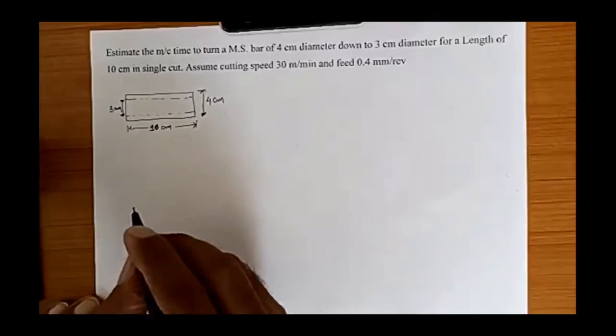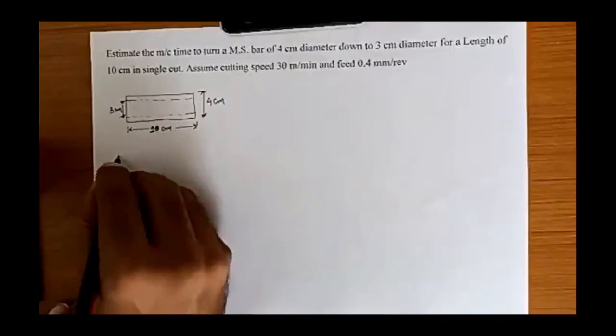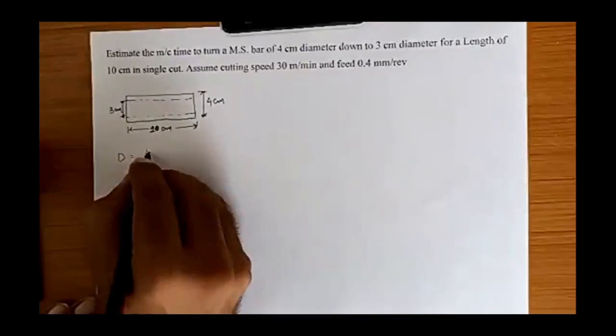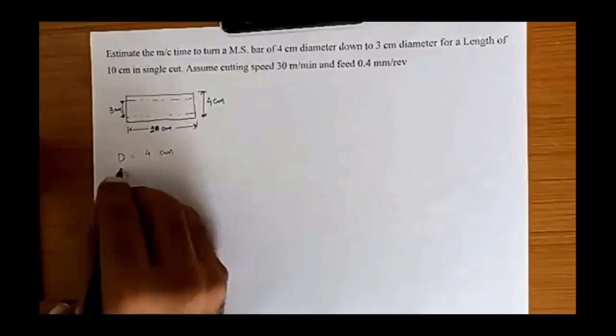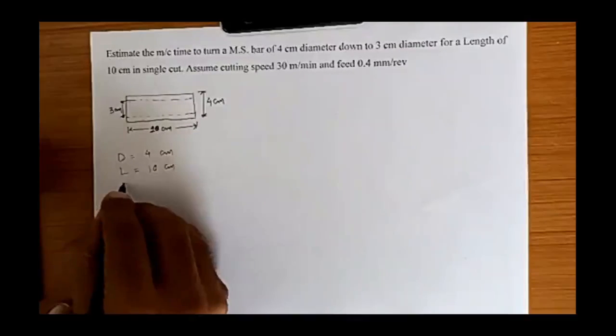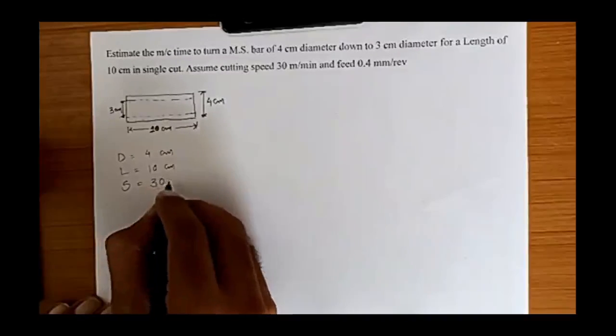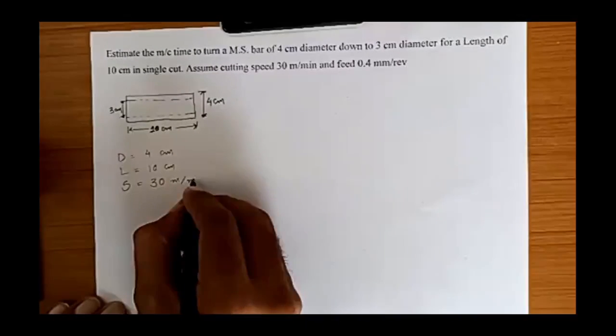Now write down the data. The main D is equal to 4 centimeter. L is equal to 10 centimeter. Cutting speed S is equal to 30 meter per minute.